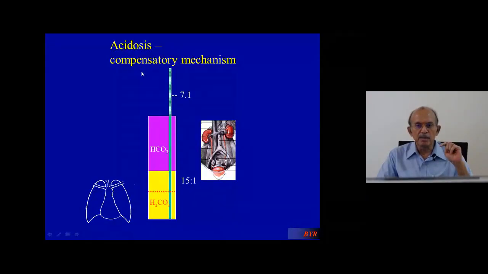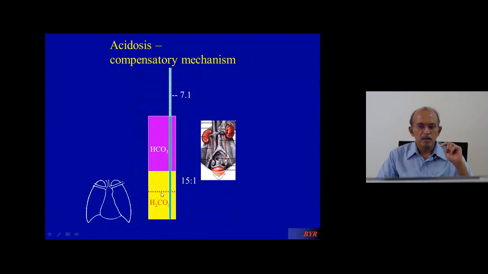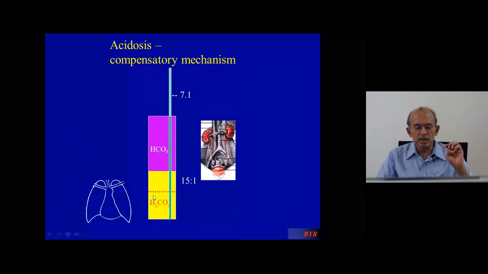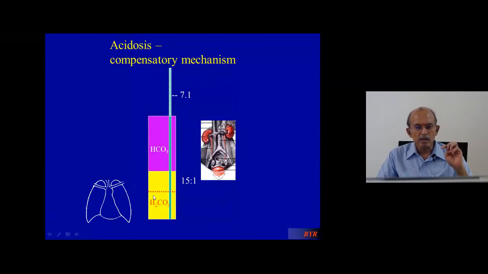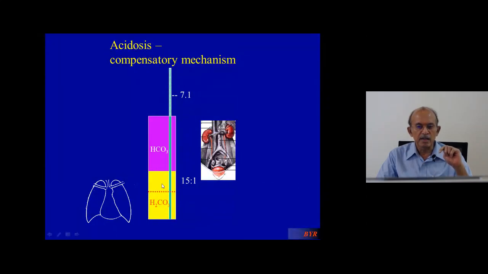Now let us see the compensatory mechanism. If acidosis is there, more hydrogen ions are being added to the circulation that cause more carbonic acid accumulation. That means the ratio has changed here. It has become 15 is to 1, so the pH has become 7.1.